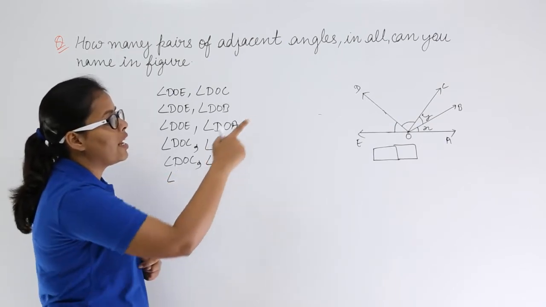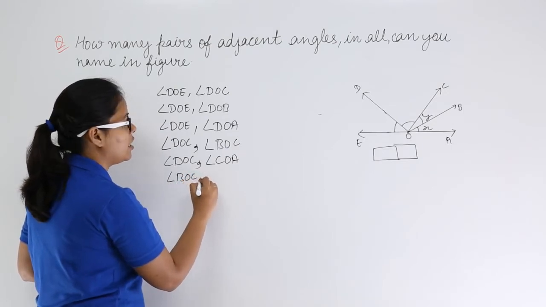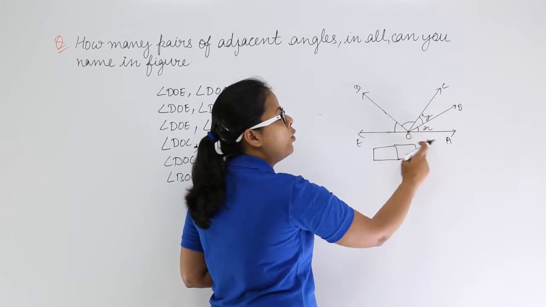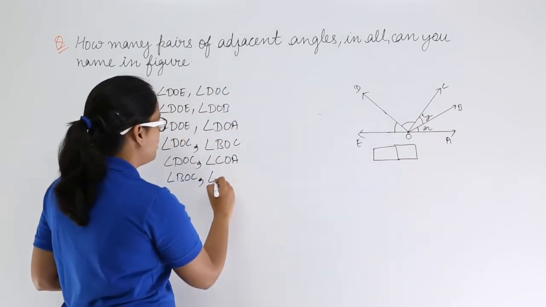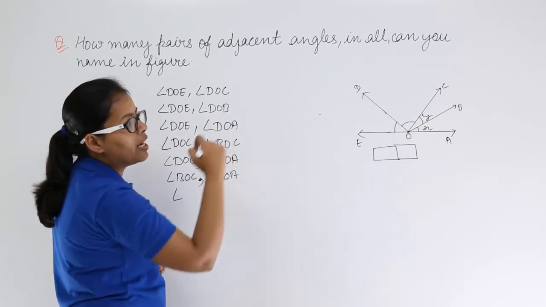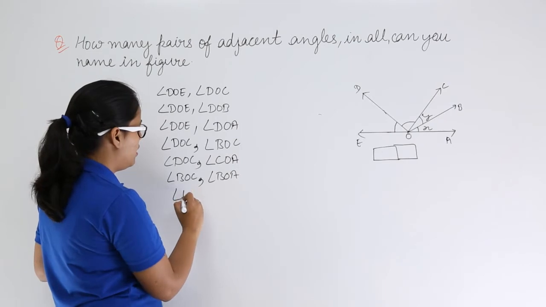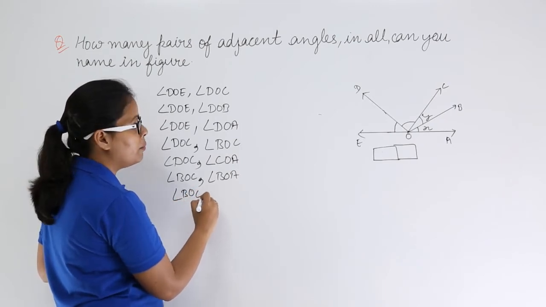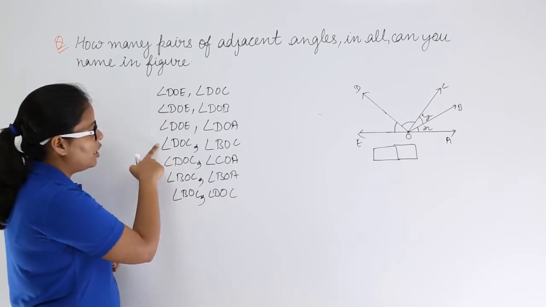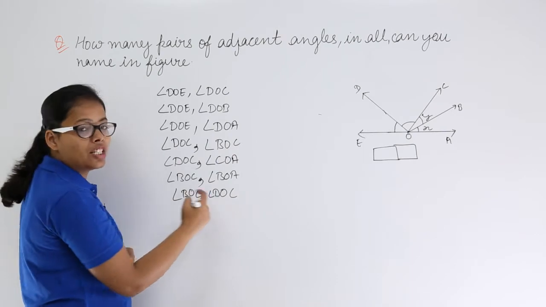Now let's consider angle BOC. Angle BOC is adjacent with angle BOA. And it is adjacent with angle DOC. But we have already considered that case. Let's write it down first. Angle BOC is adjacent with angle DOC.